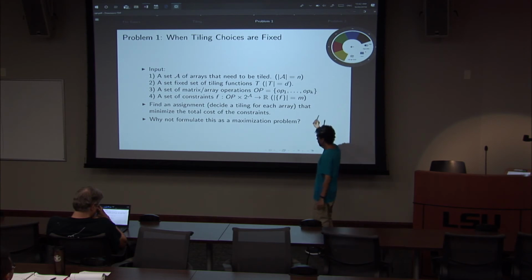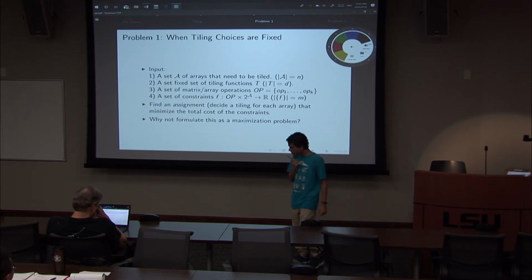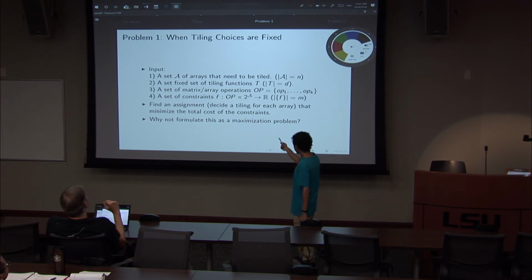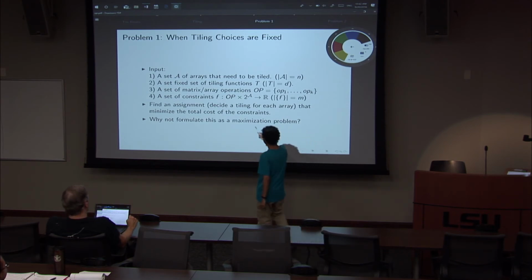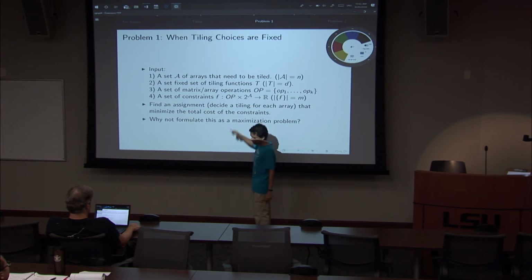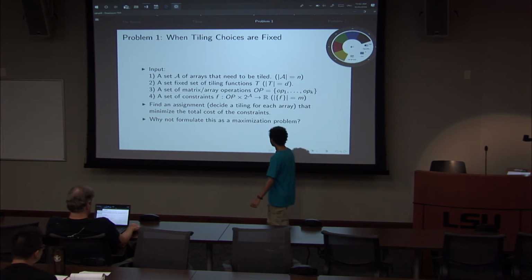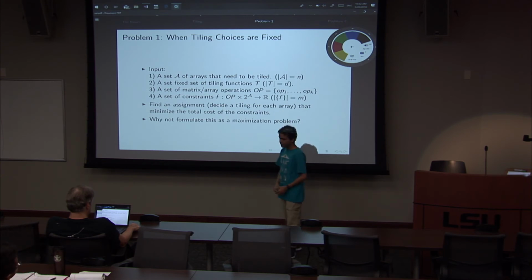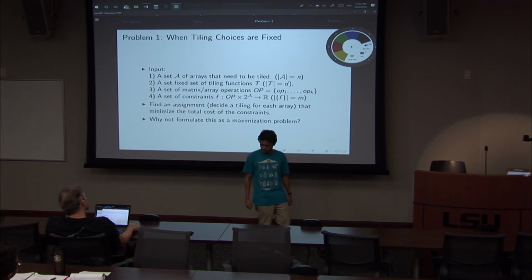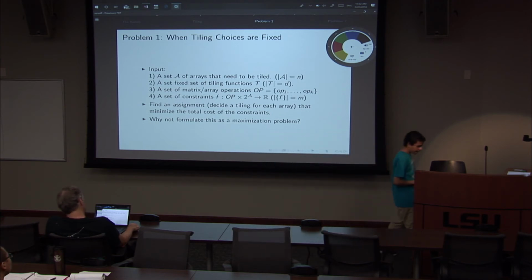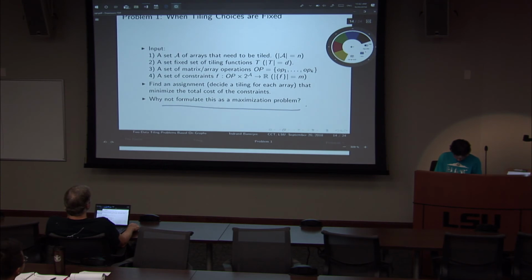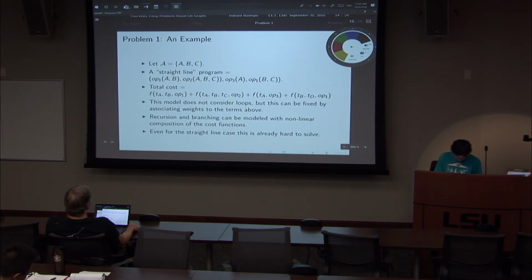And you have a set of matrix array operations, and you have a set of constants, which basically say if I perform an operation, say multiplication, on a subset of A, say 2 matrices, this costs something depending on how the matrices were tiled. I will give you an example, not to worry. Okay, this I'll talk about later. Let's ignore that.